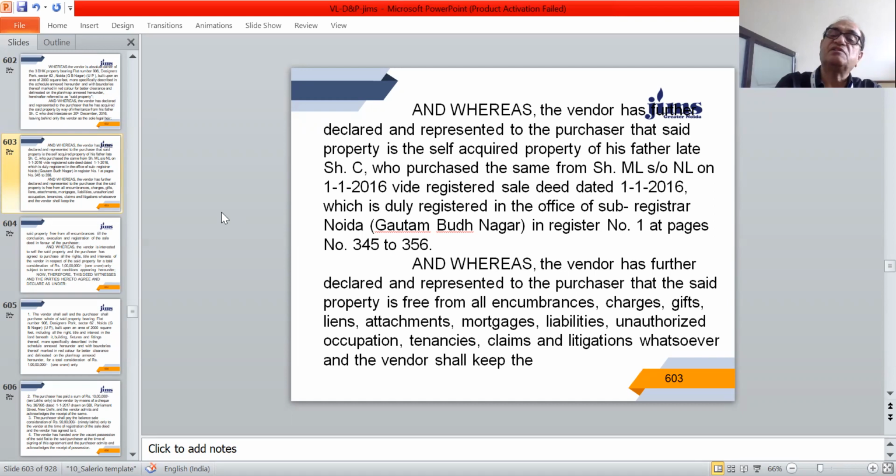And that sale deed is also dated 1/1/2016, and it is duly registered in the office of Sub-Registrar Noida.